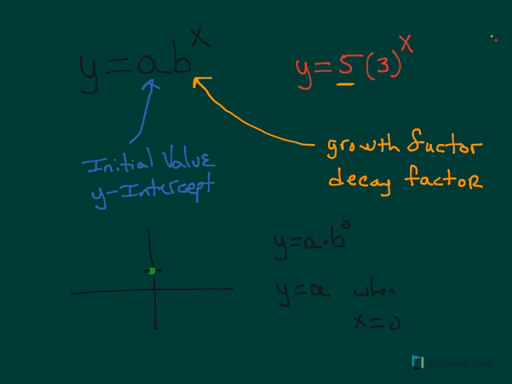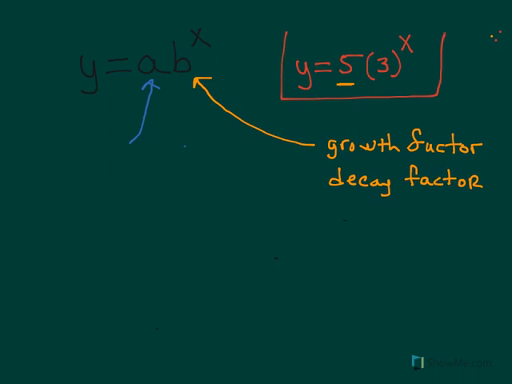So let's make some room here. Let's say, for example, we were dealing with this equation. Let's just work with this one here. So, for example, if x was 0, then you're going to get y equals 5 times 3 to the 0 power.